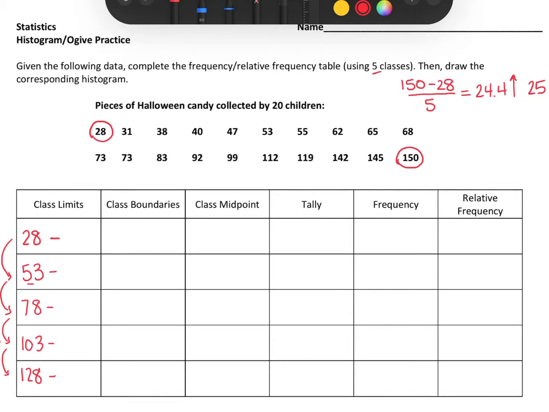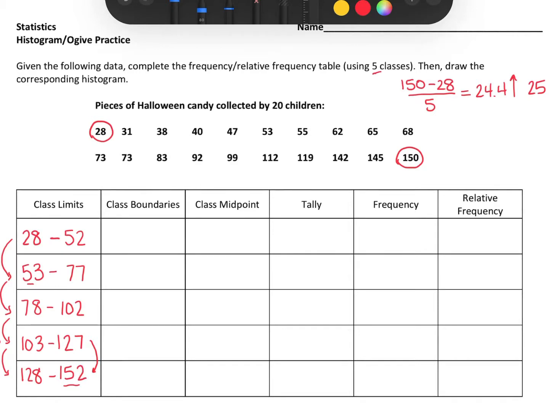I want to get up to 53, but I don't want any overlaps. So I'm going to put any 52s in this category and 53s in the next. And if you're not sure what that last upper bound should be, you can always just take your previous one and add 25 to that.